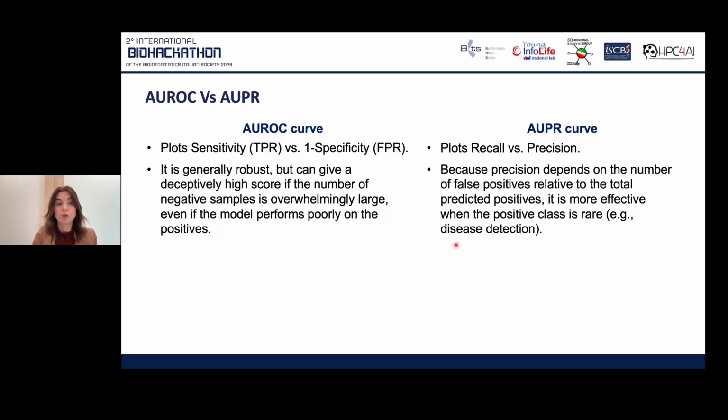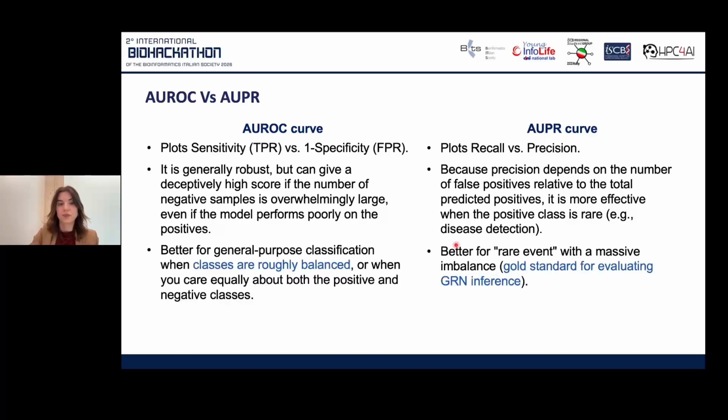Even if the model performs poorly, we will see a very good curve. Because precision depends on the number of false positives relative to the total of predicted positives, AUPR is more effective when the positive class is rare, like in our gene regulatory networks. So while the AUROC curve is better for general purpose classification where the classes are roughly balanced, the AUPR curve is surely better for rare events and better for our type of scenario.